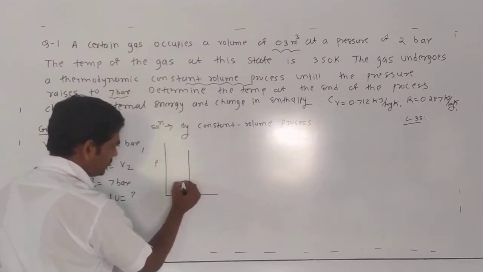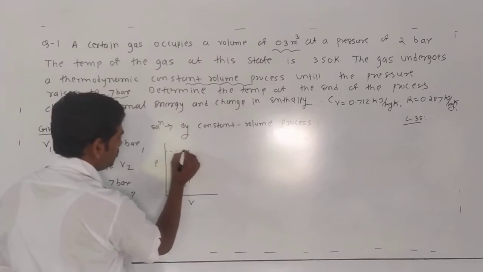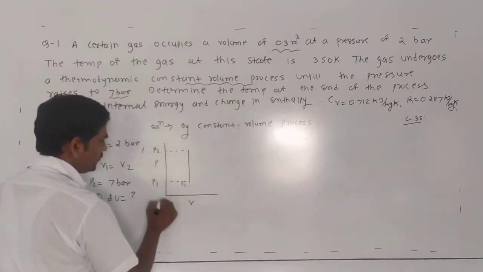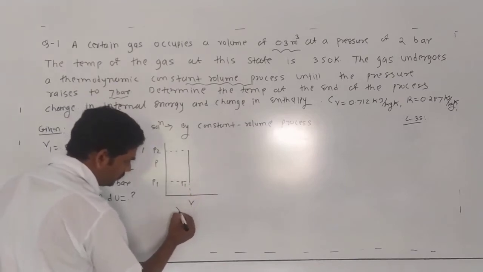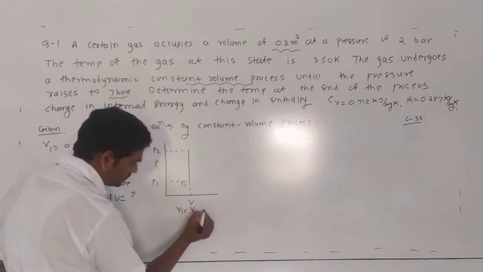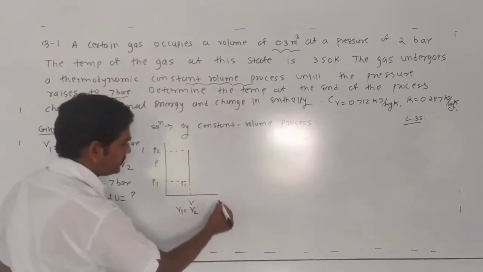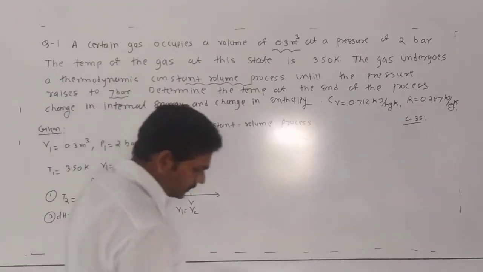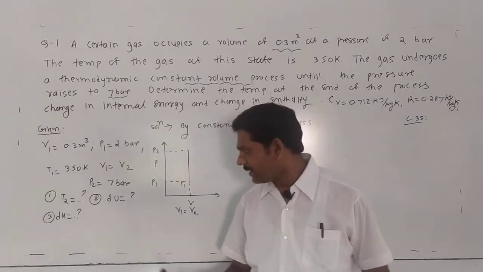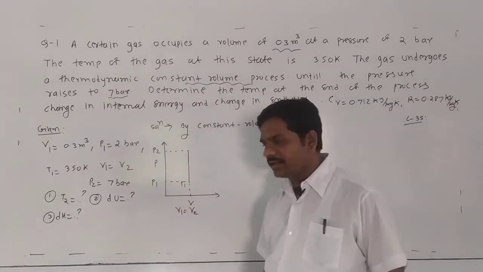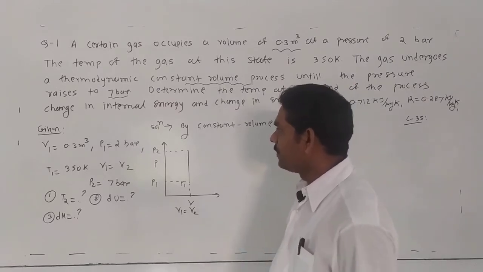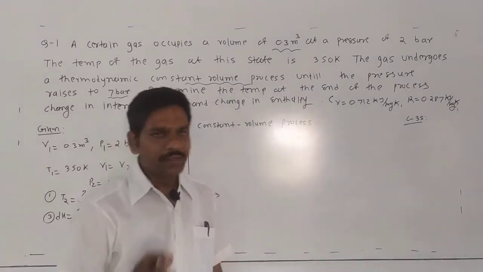This is the pressure P1 and this is the pressure P2, but the volume is constant, V1 is equal to V2. So, first we determine the value of T2, second the internal energy, third the enthalpy.